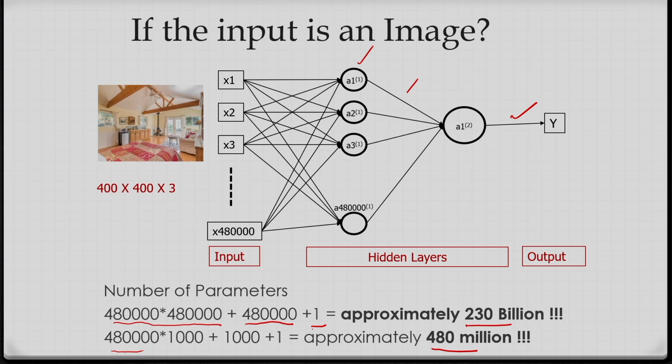That is why it is very difficult to train an artificial neural network, because we have to consider so many connections and so many weights. It is very difficult to train an artificial neural network for image classification and image recognition. The number of parameters is too high.